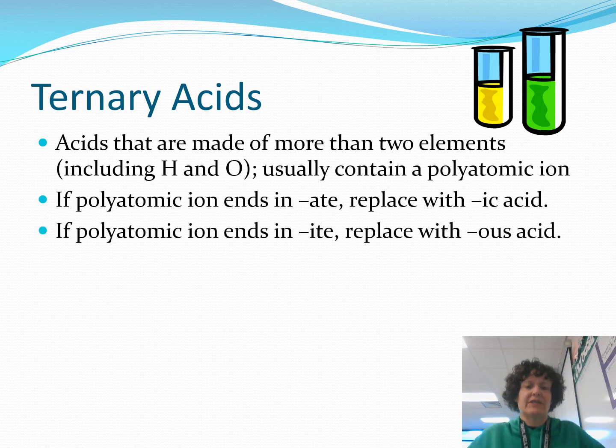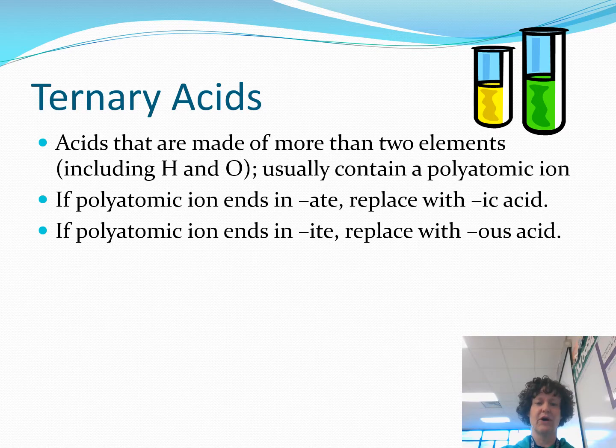If it's the polyatomic ion in your compound that ends in ite, I-T-E, like nitrite or sulfite, then you're going to replace it with ous acid, O-U-S acid. I will say that the list you have of polyatomic ions is not comprehensive, so it's not every single polyatomic ion out there.